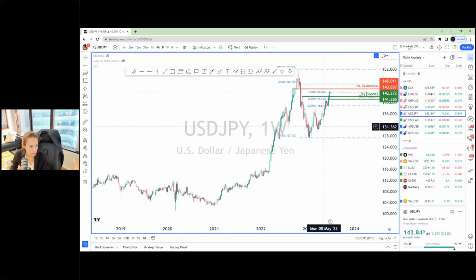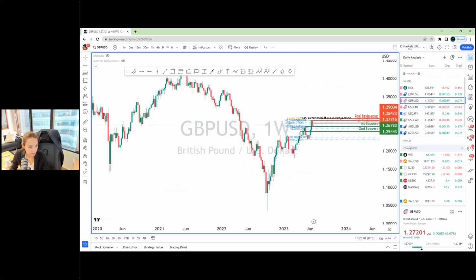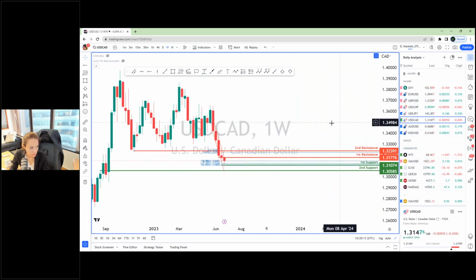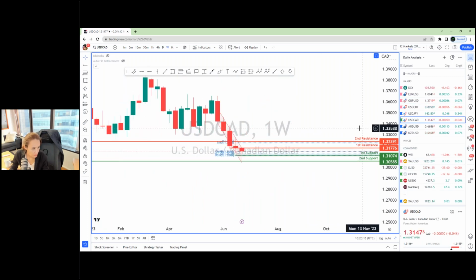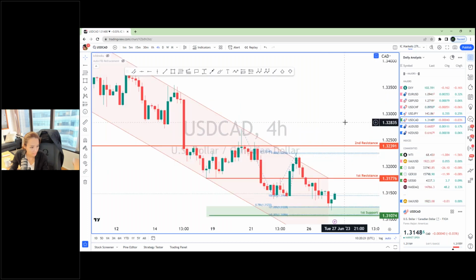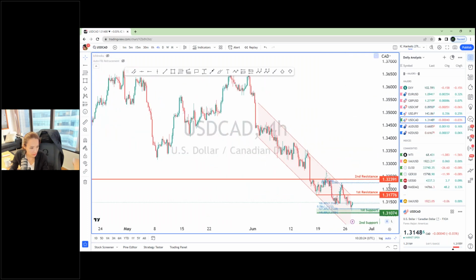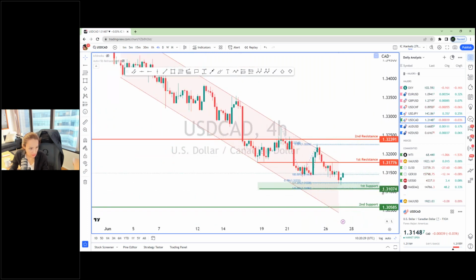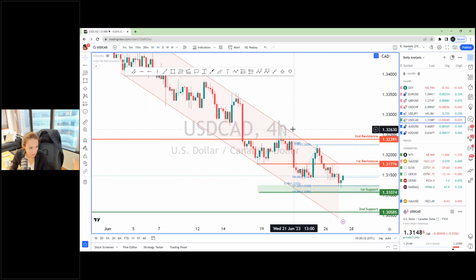Let me try to get a confluence. For this one, this has a confluence zone, where we have a 78.6% projection and a 127.2 extension. When the price taps in the zone and then reverts up.